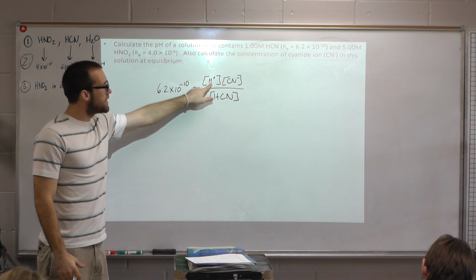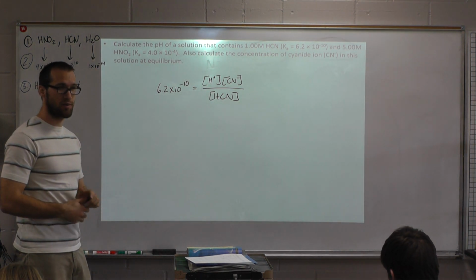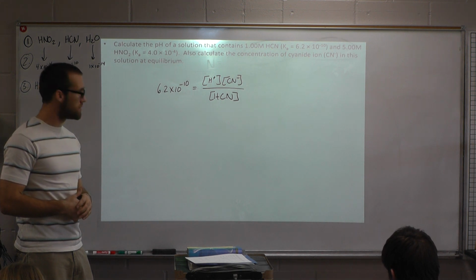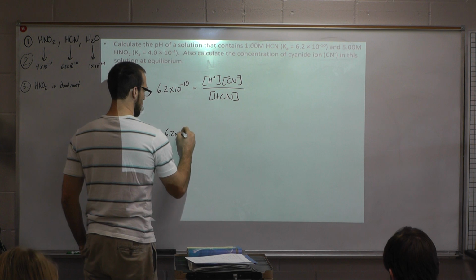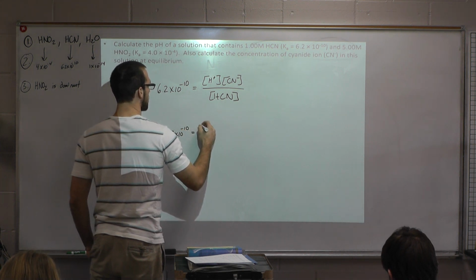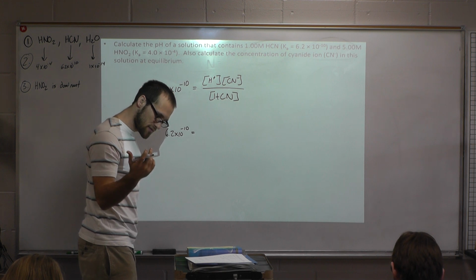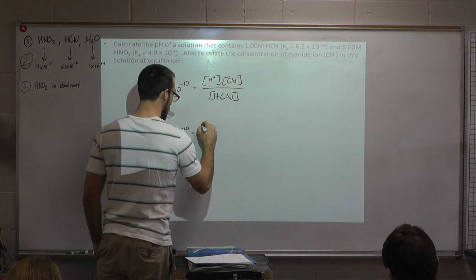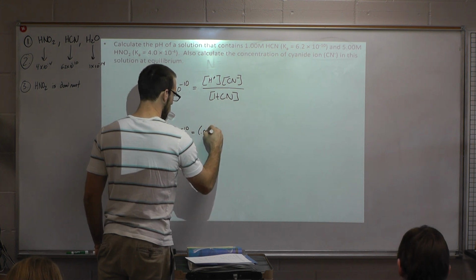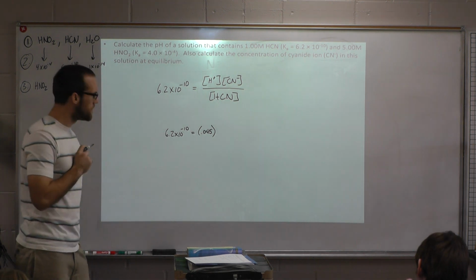Even if we added the other two contributing factors of H plus to it, it's not going to change that number. So what did we say that was? What was the X? 0.045 approximately, is that right?